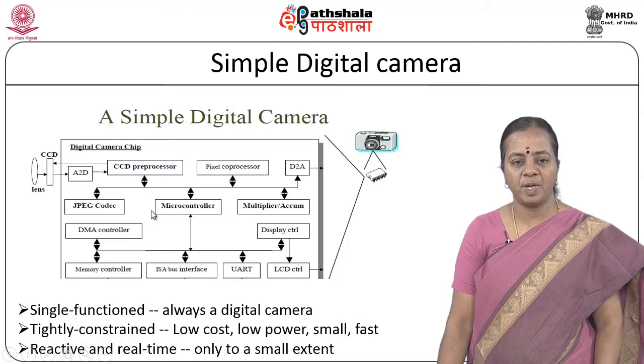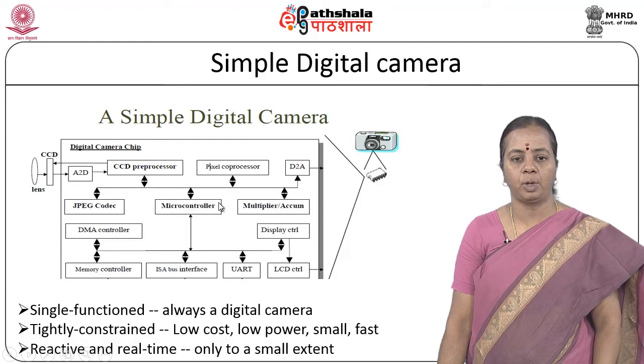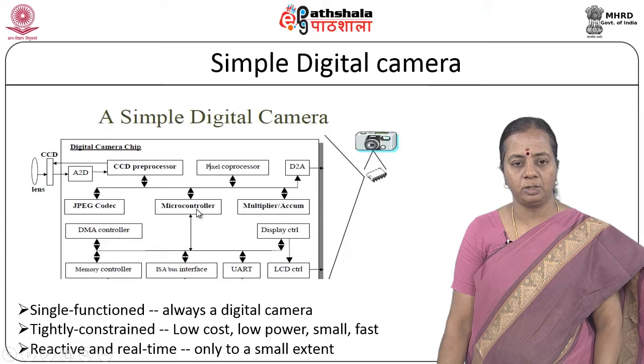In an embedded system, either a microprocessor or a microcontroller is used, which takes care of further processing. Sometimes a pixel coprocessor is also there, and along with these, it does all the processing.